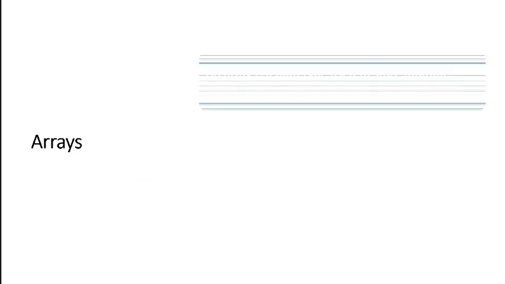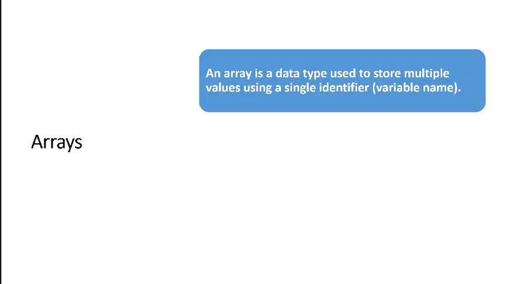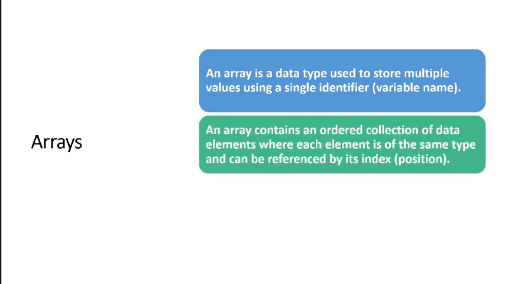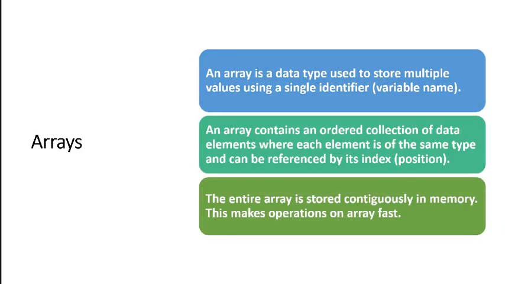An array is a data type used to store multiple values using a single identifier, right? An array contains an ordered collection of data elements where each element is of the same type and can be referenced by its index, or we can say by its position. The entire array is stored contiguously in the memory. So this makes our operations on the array fast.